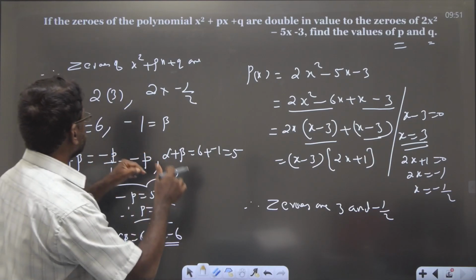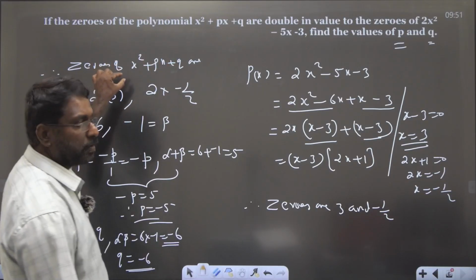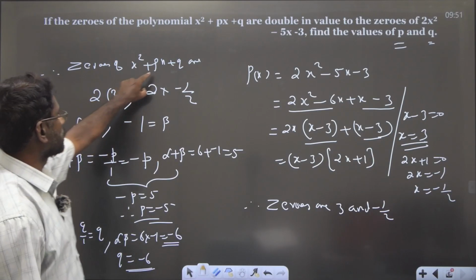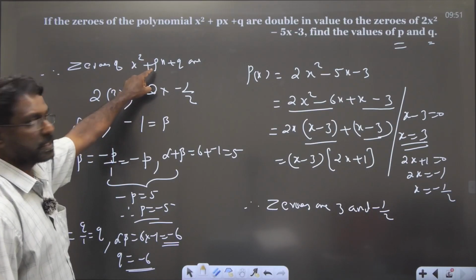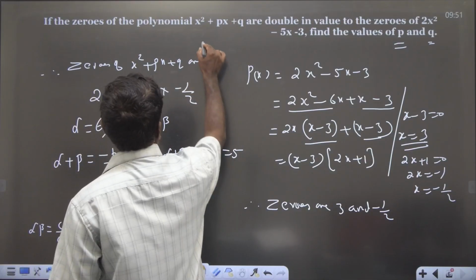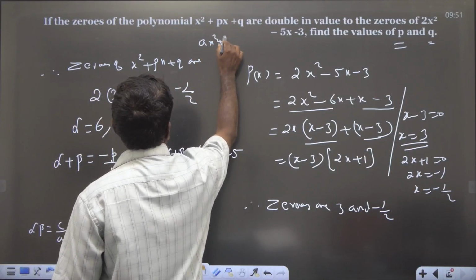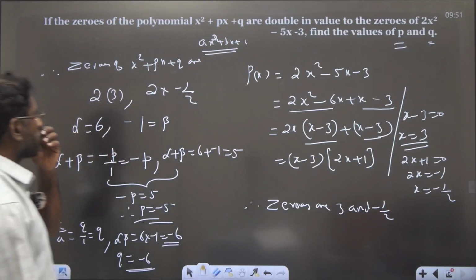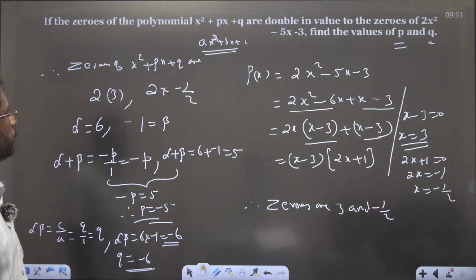Suppose alpha and beta are the zeros of this polynomial, then alpha plus beta is equal to minus b by a. Here what is b? p. What is a? Compare with the standard quadratic polynomial ax square plus bx plus c.